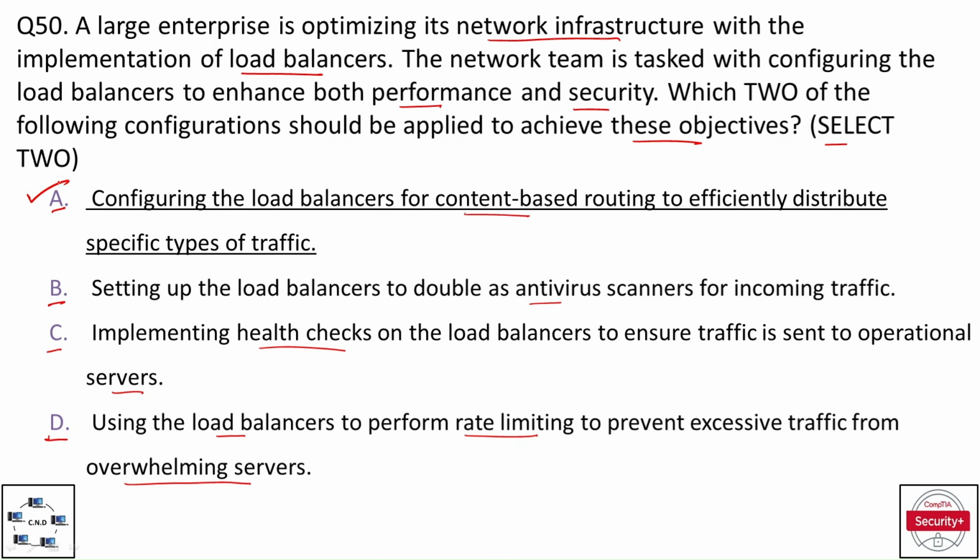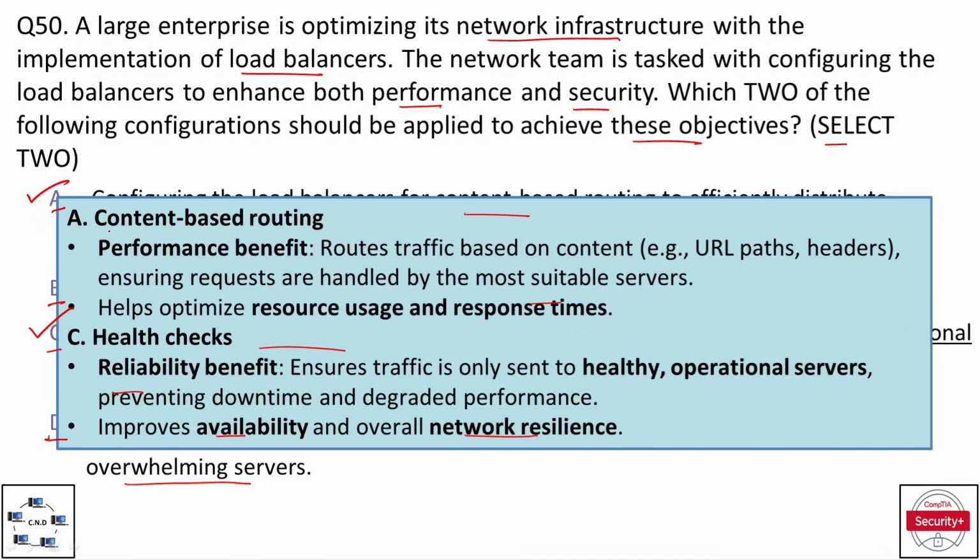And the correct options are option A, configuring the load balancers for content-based routing to efficiently distribute specific types of traffic. And option C, implementing health checks on the load balancer to ensure traffic is sent to the operational servers. The explanation is, so option A, the content-based routing has the performance benefits, so it routes traffic based on content, that is URL paths, headers, ensuring requests are handled by the most suitable servers.